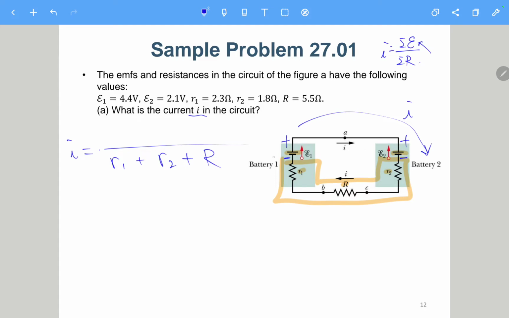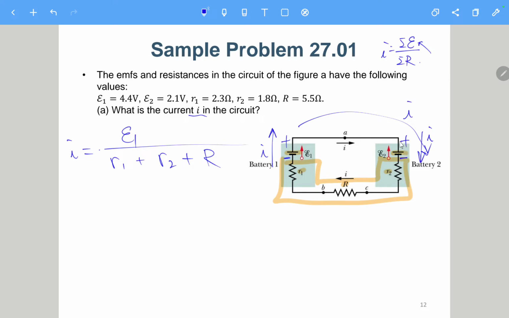For E1, I of course is pointing upward, and here it is negative and positive, so we will consider E1 a positive value. For E2, if I is clockwise, I should be pointing downward, and here the arrow is pointing in this direction.